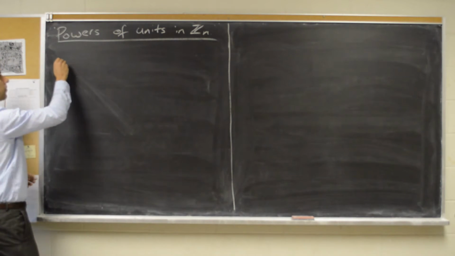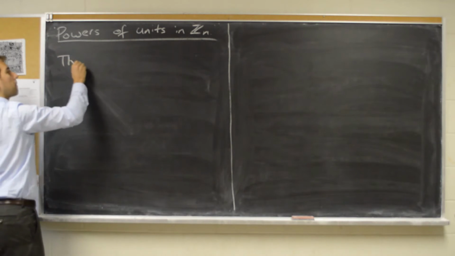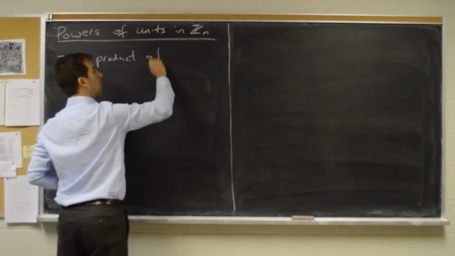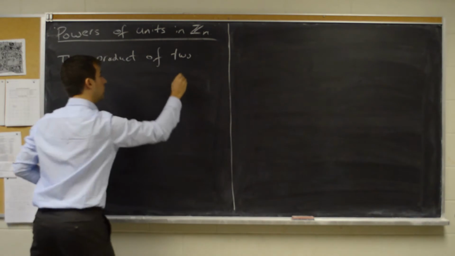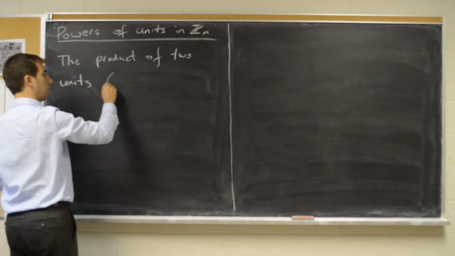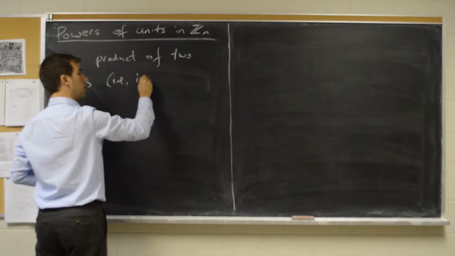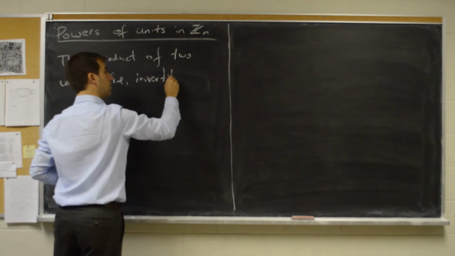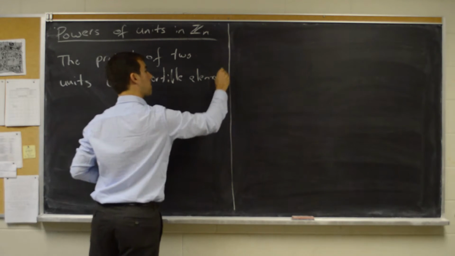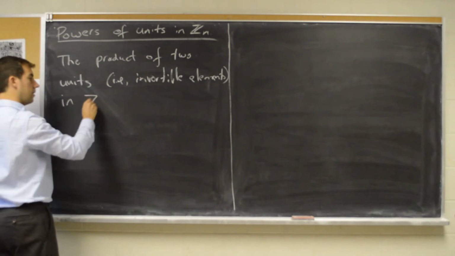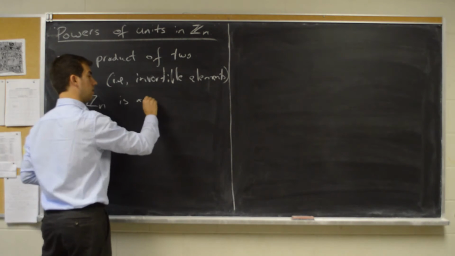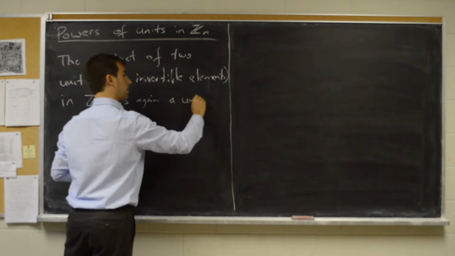First, the product of two units, i.e. invertible elements in Zn, is again a unit.